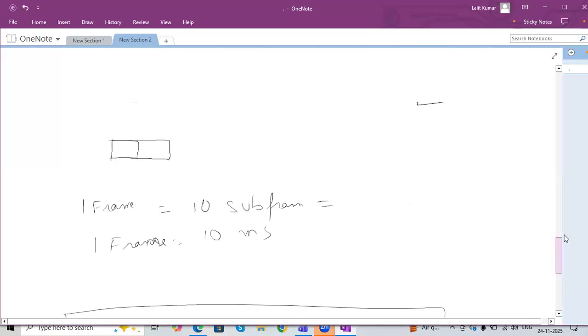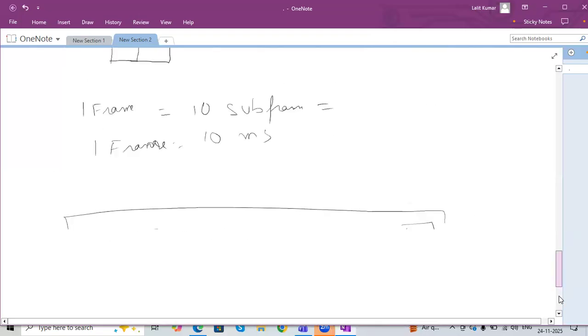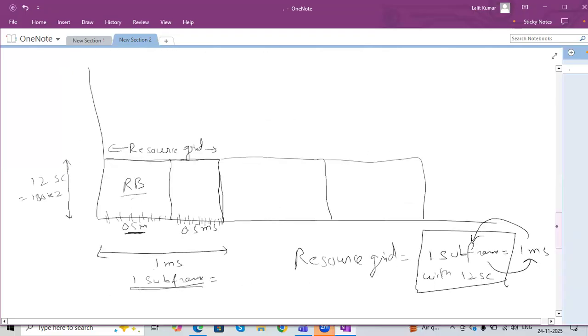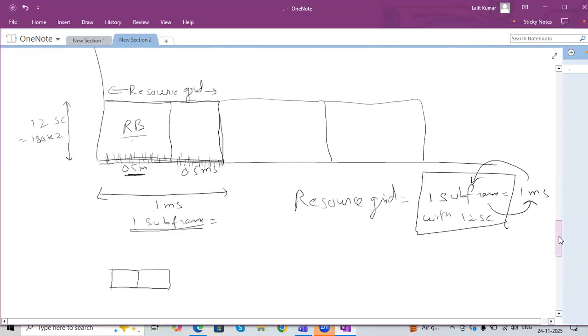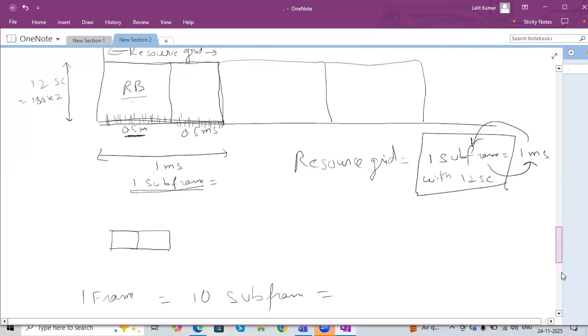If I ask how many symbols in a resource block, you will tell seven symbols. But if I ask how many symbols in a resource grid or one subframe, you have to count till 1 millisecond, so you will tell 7 plus 7, 14. Clear, right?